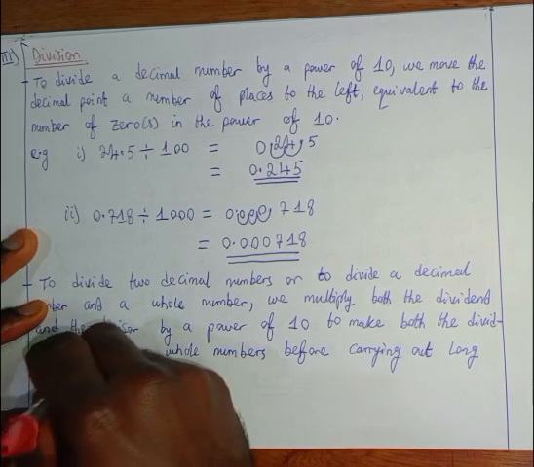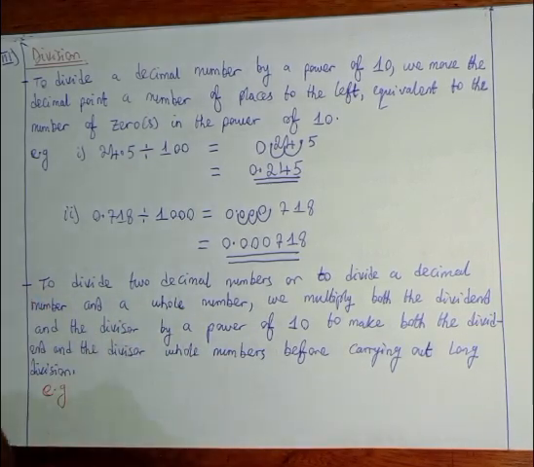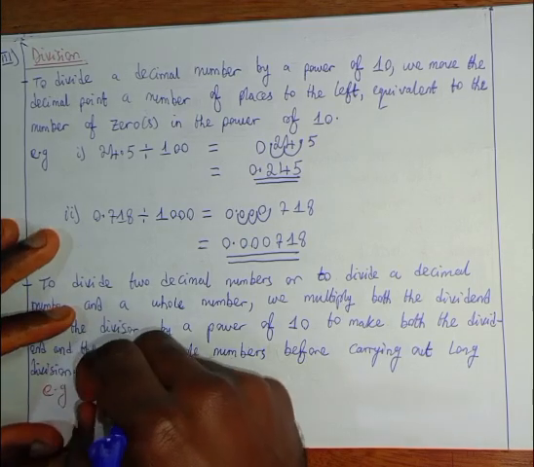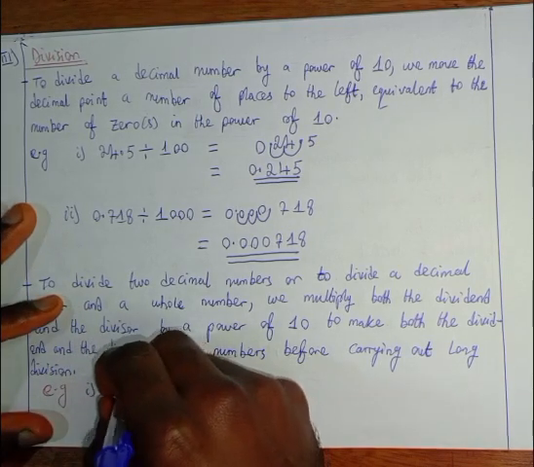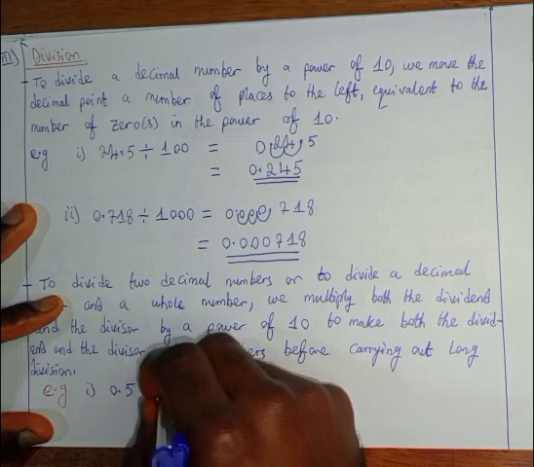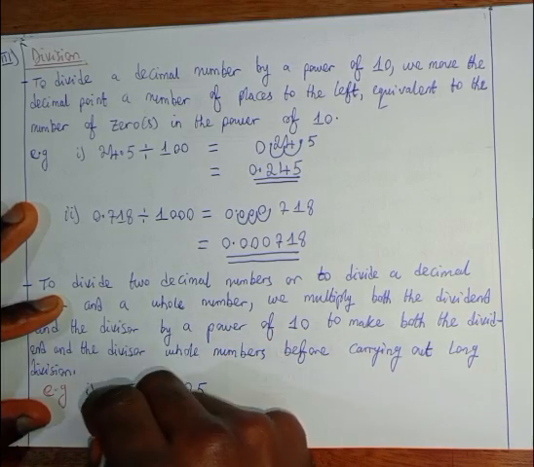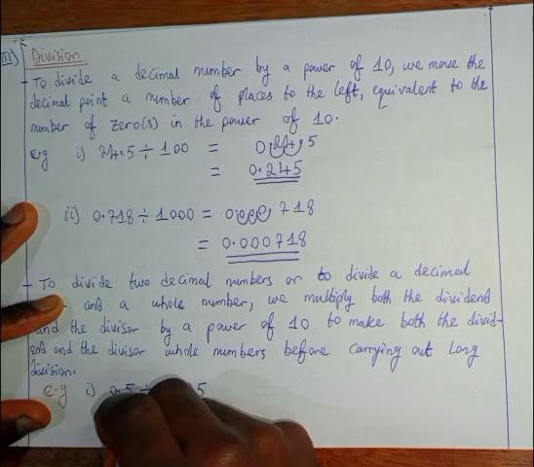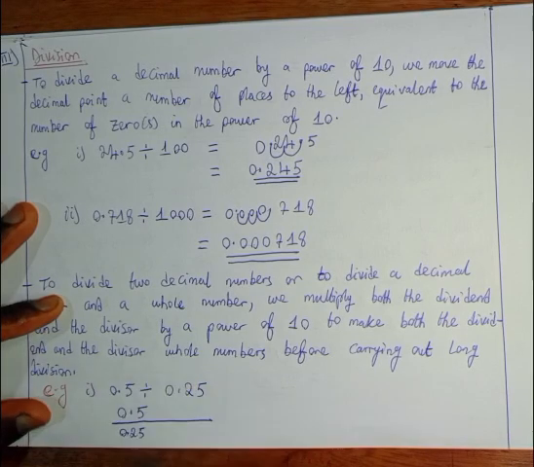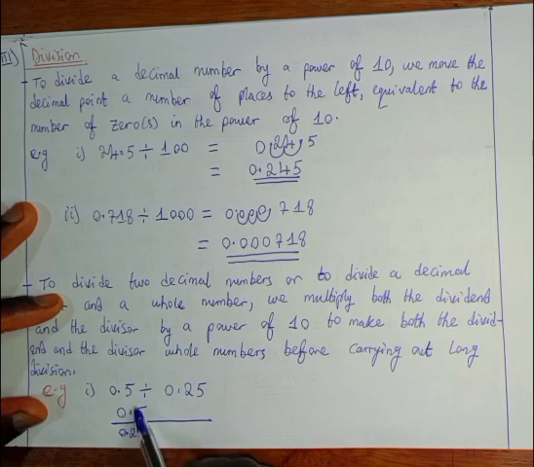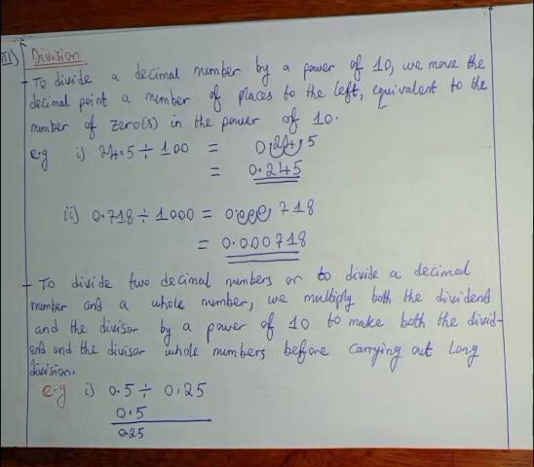We take e.g. 1i, we have 0.5 divided by 0.25. At the dividend, we have 1 decimal place. The divisor, we have 2 decimal places. The highest number of decimal places at the dividend and the divisor is 2 decimal places.